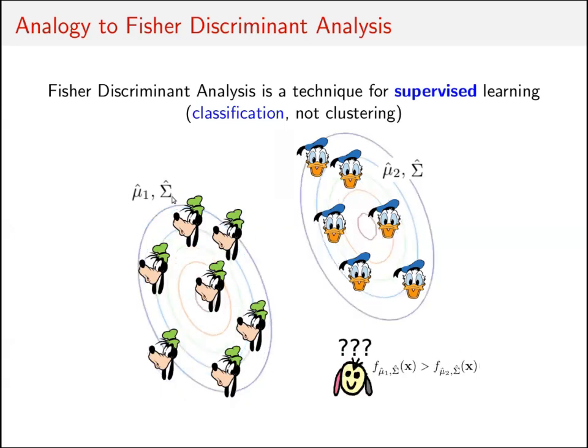Otherwise, if I estimate the covariance structure as the same, with a pooled estimate of the covariance structure, then the separation is a straight line.